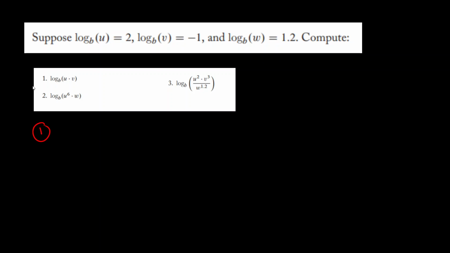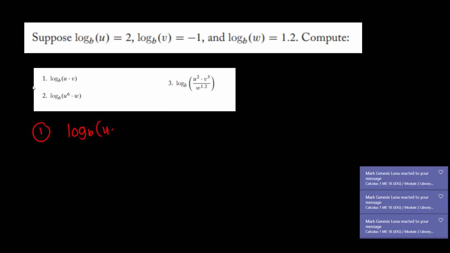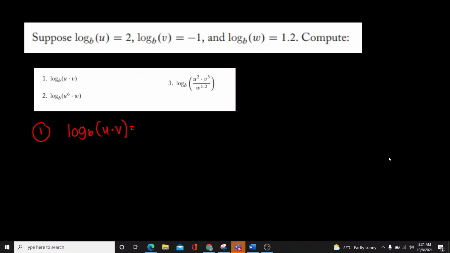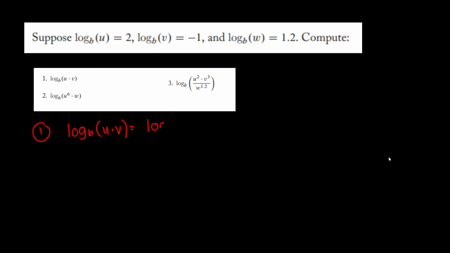Number 1, pwede natin tong ayusin as, diba, log_b uv can be written as log_b u plus log_b v. Okay, ang log_b u is equals to 2, ang log_b v is equals to negative 1. So, this is equivalent to 1. Okay, yan yung final answer.